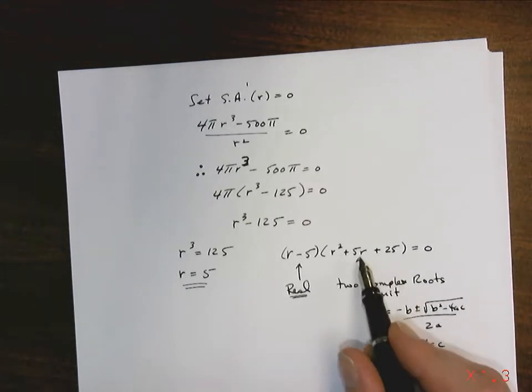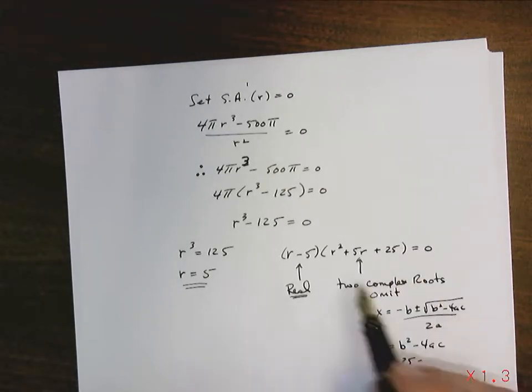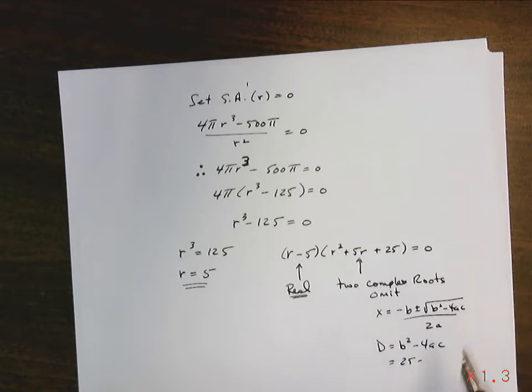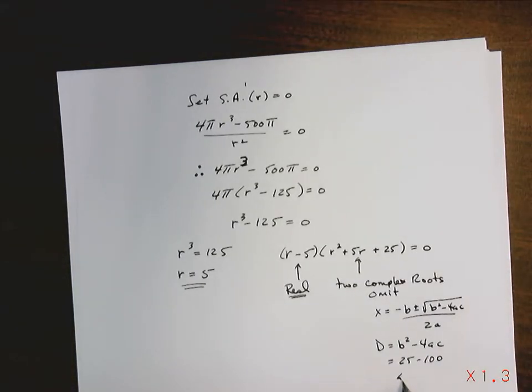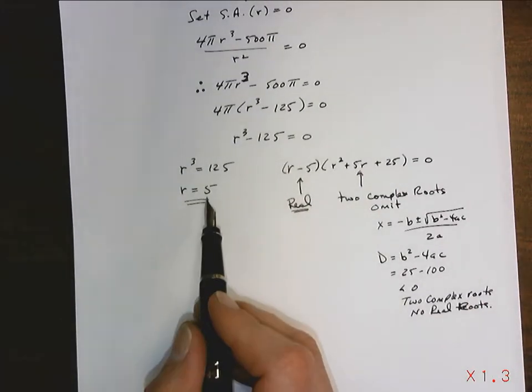The b is 5, so it's going to be 25, the 4 is 4, a is 1, c is 25, so that's going to be minus 100. So this is less than 0, and that's going to give you two complex roots. In grade 10 or grade 11, your teacher might have talked of no real roots, which is true. No real roots, but there are two complex roots. Okay, enough about that. Full marks for this.